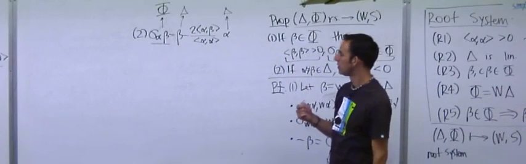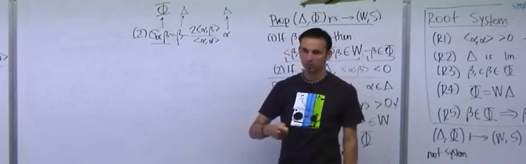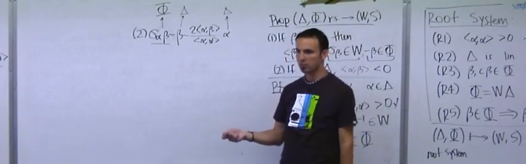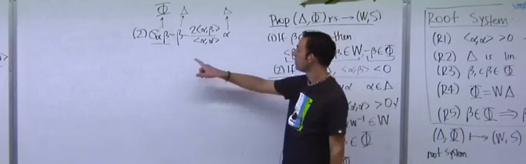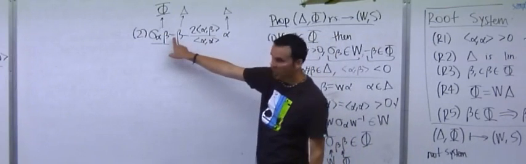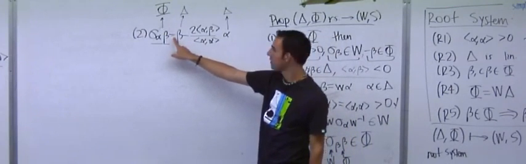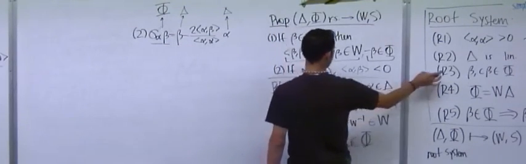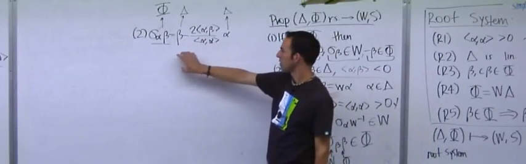Now, I know that roots are either positive or negative. Either all the coefficients are positive or all of them are negative. The coefficient of beta is positive, right? And now, it's important to note that beta and alpha are not multiples of each other, and the reason is 3. So because beta and alpha are not multiples of each other, this is not just something times beta. This is a different direction.